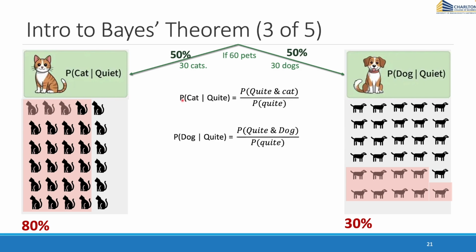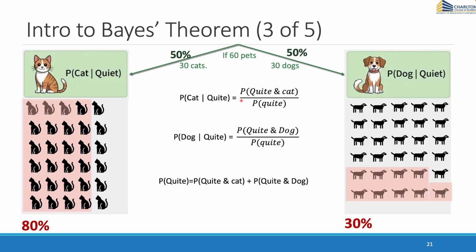So the probability that we have a cat, knowing that it's quiet, equals the probability of cat and quiet, divided by the probability of being quiet. Same thing for dog. The probability of getting a dog, knowing that it's quiet, equals the probability of being a dog and quiet, divided by the probability of quiet.